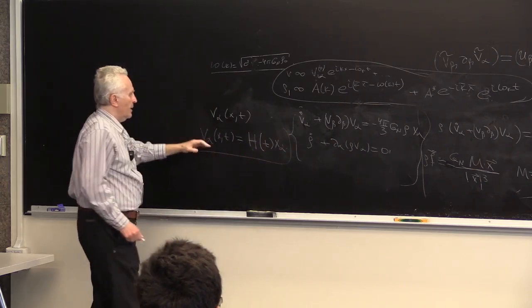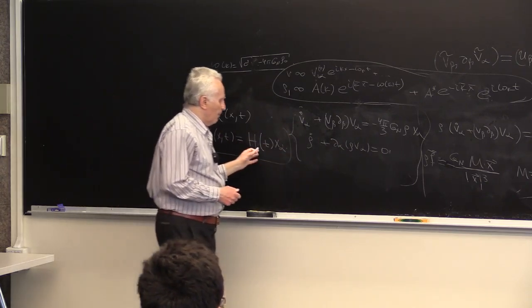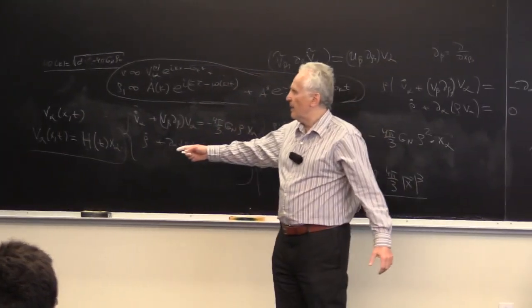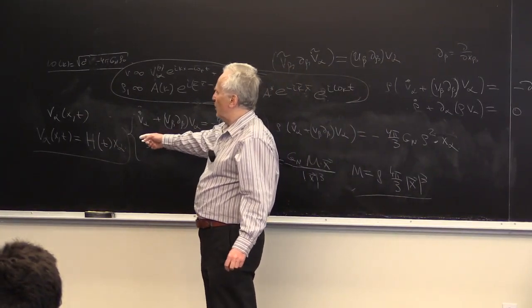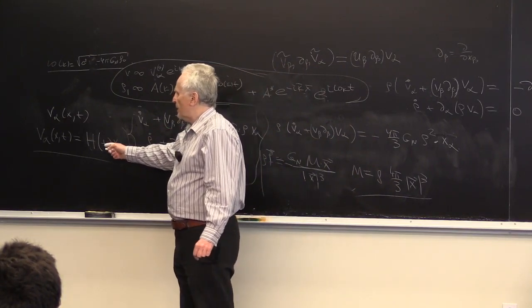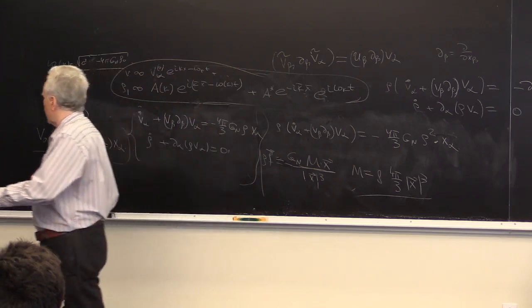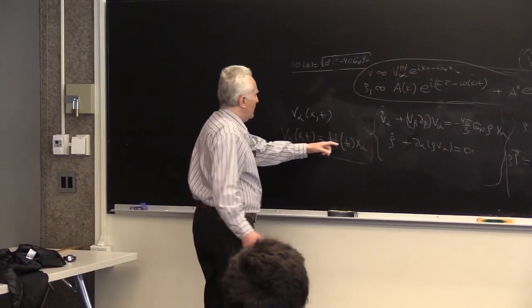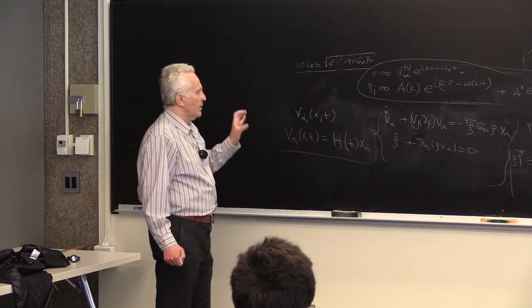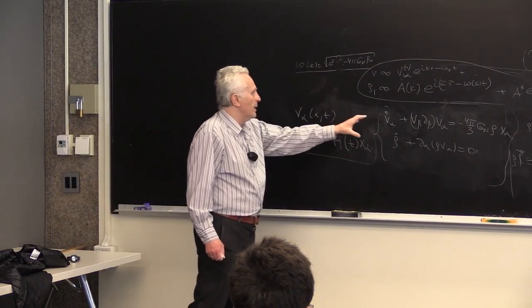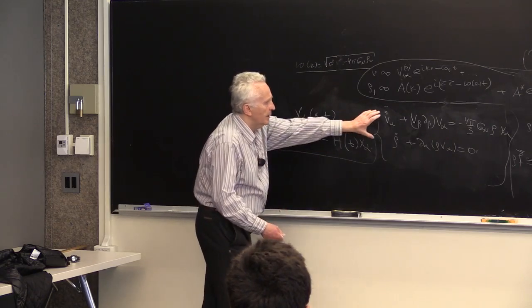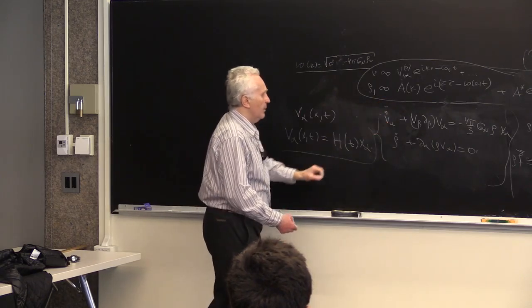The reason why we should be hopeful that it makes sense is that it is a rotationally invariant ansatz. It's invariant under rotation of x and v simultaneously. So we must hope that it will not give you inconsistency with the equation.